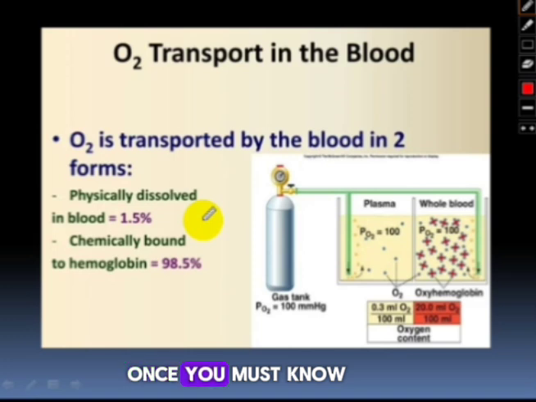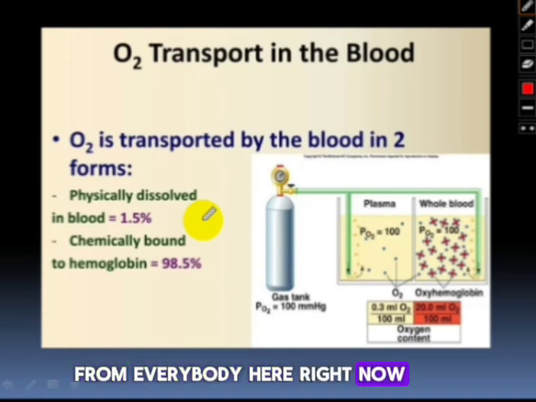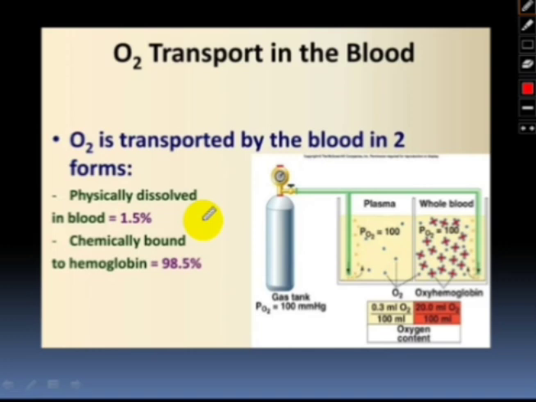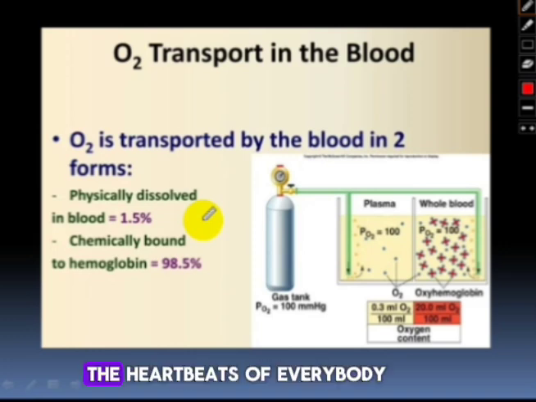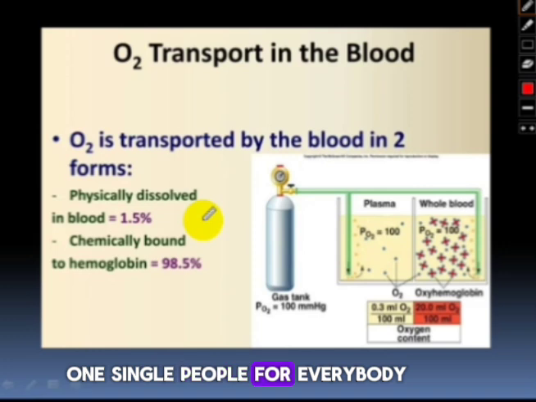But you must know that in physiology, there is no fixed value. You might take samples from everybody here to test anything, and you won't get the exact figure. If, for example, you want to check the habits of everybody in this class, you will not get one single figure for everybody.